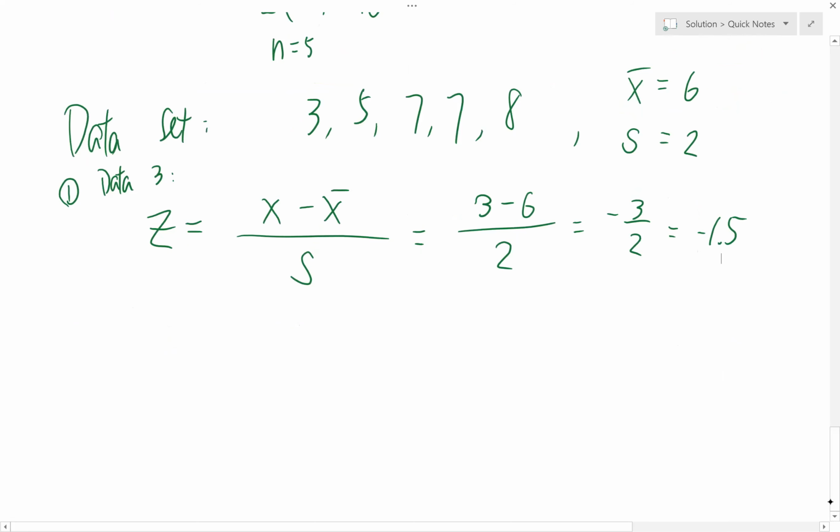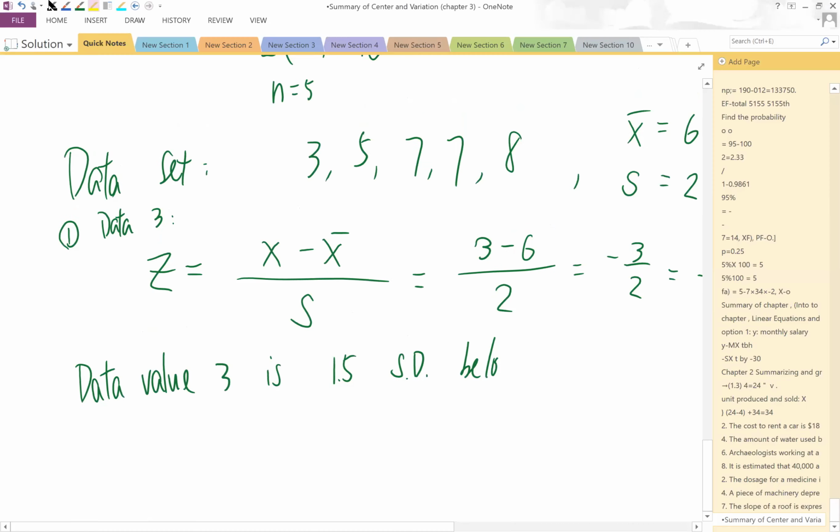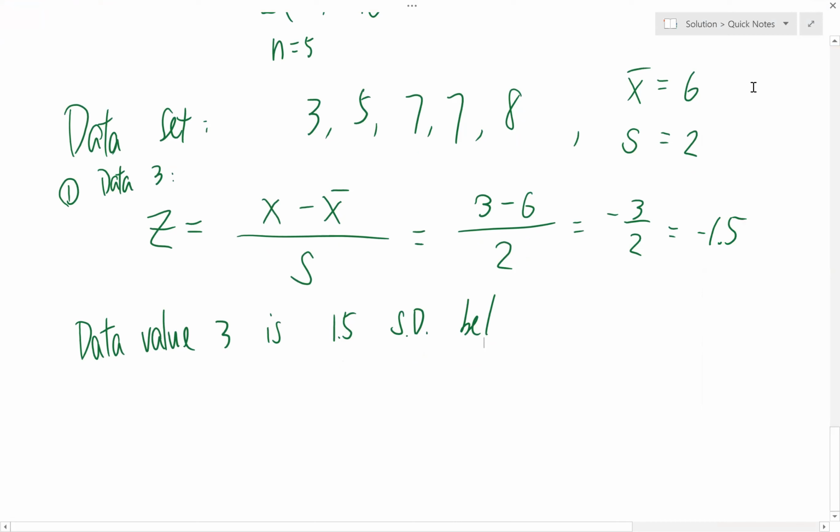This number indicates data value 3 is 1.5 standard deviations below the mean. So this gives us a relative standing of the data value: compared to the mean, the data value is located below it. This is exactly the interpretation. Negative means below. If it is positive, it's above the mean.